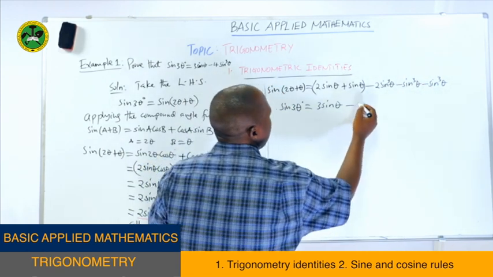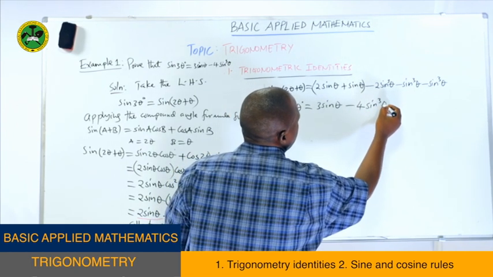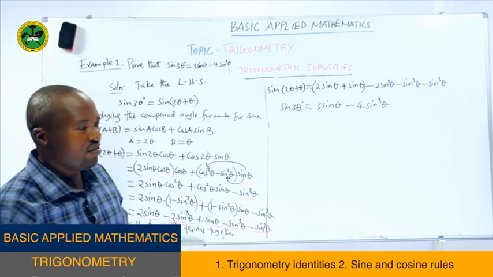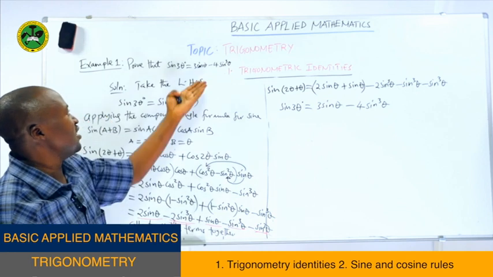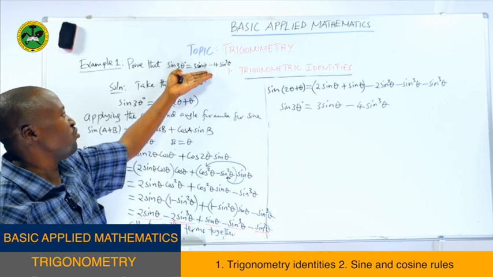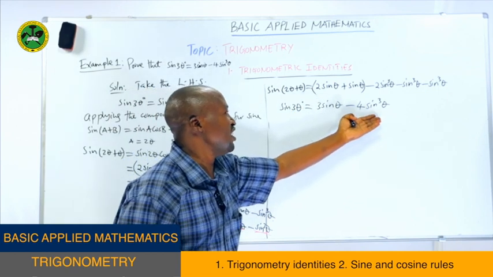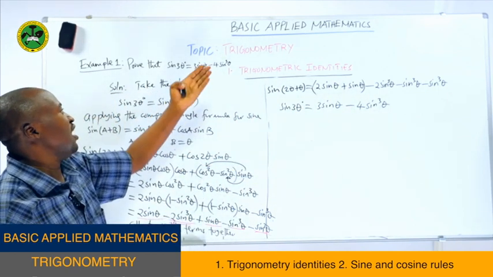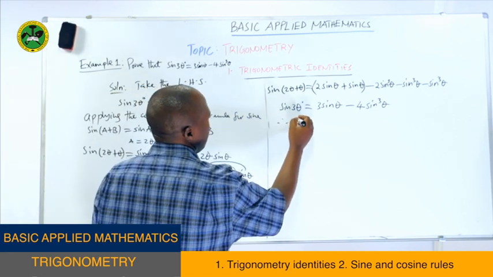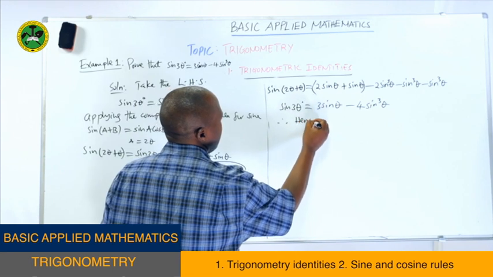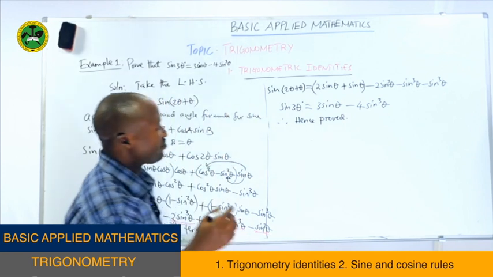That will be 4 sine cubic theta. Now, if you look, our right hand side is the same as that in the given question. That is 3 sine theta minus 4 sine cubic theta, which is the same as what you have been given. Therefore, hence proved.